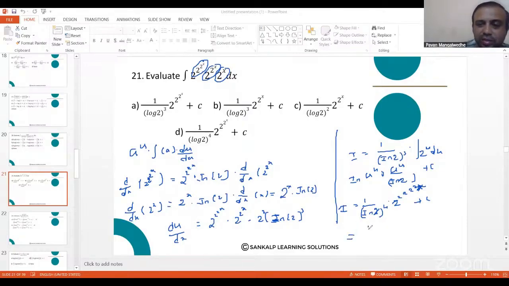You can calculate this as 1 by log of 2, the whole raised to 3, into 2 raised to 2 raised to 2 raised to x plus c after integrating this. So probably the nearest answer is option B, that is the correct one.